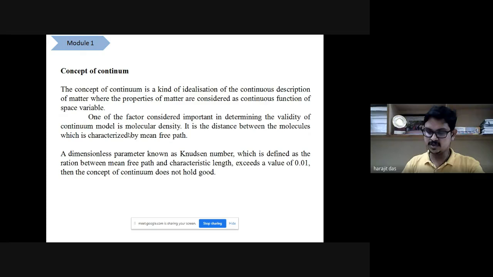The properties of the molecules are considered as continuous functions of space variables. One of the factors considered important in determining the validity of the continuum model is molecular density. This molecular density is the distance between the molecules, which is characterized by mean free path. Mean free path is denoted by lambda.